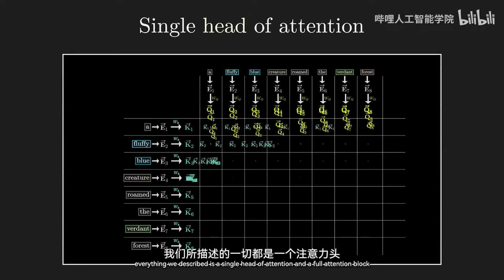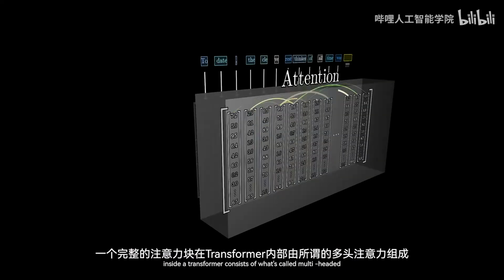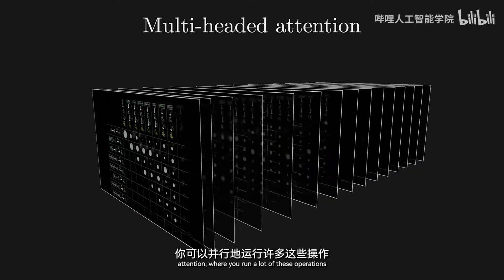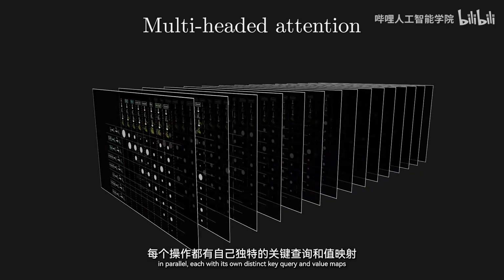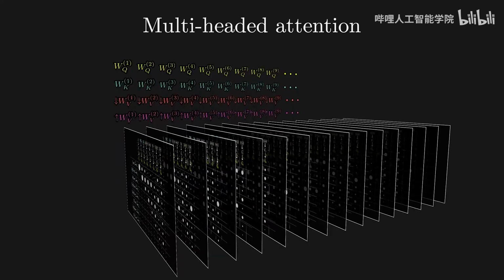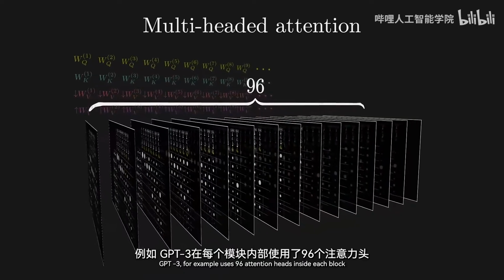As I said before, everything we described is a single head of attention, and a full attention block inside a transformer consists of what's called multi-headed attention, where you run a lot of these operations in parallel, each with its own distinct key, query, and value maps. GPT-3, for example, uses 96 attention heads inside each block.